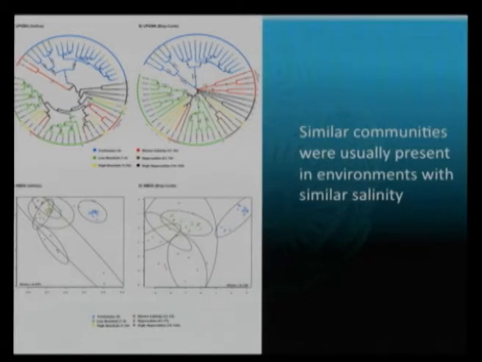And in most cases, you see that things that come from fresh water, which are in blue, tend to have similar communities, so they were clustering together. Then brackish samples cluster in two groups, let's say, and these were from different lakes. Hypersaline samples from different lakes were also clustering. So it seems that salinity is selecting a lot who can live in special places.